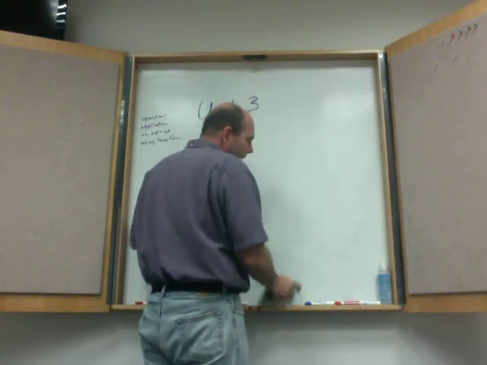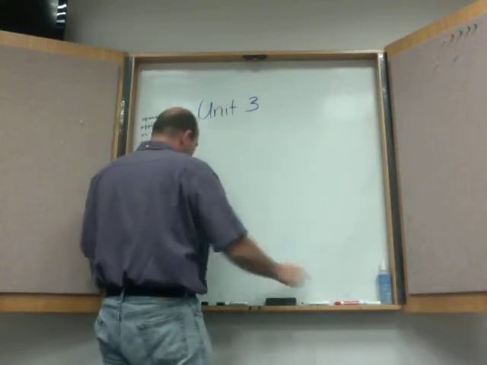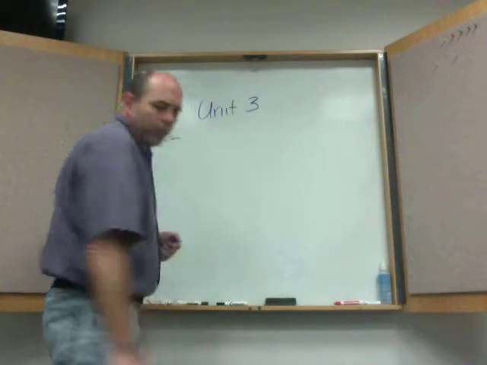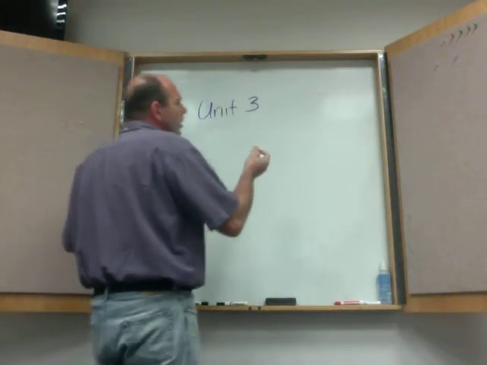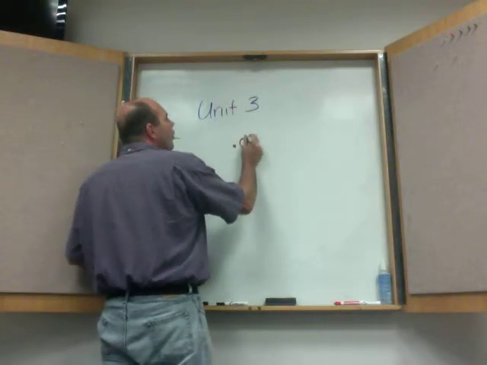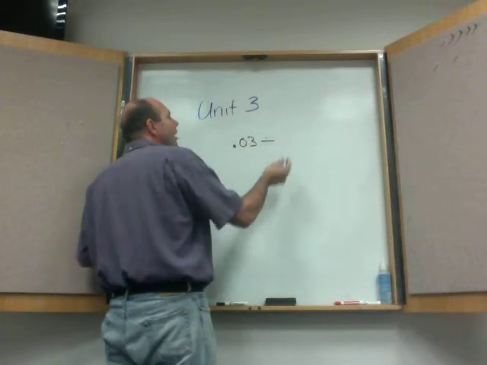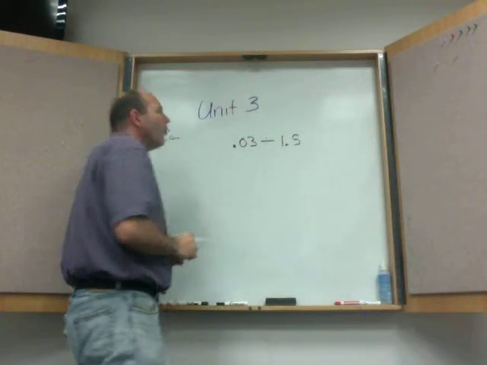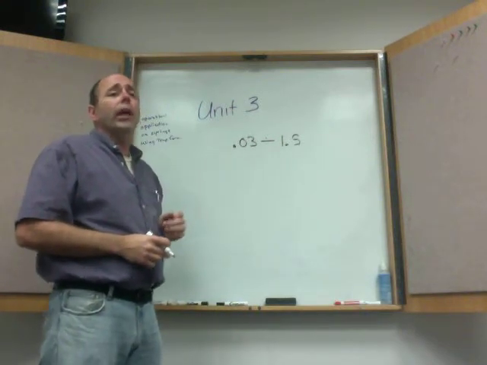It's very, very possible if I have, for instance, let me change and say, what if I had 3/100 and I was going to divide by 1 5/10? 1 5/10 is larger than 3/100, and that's okay.